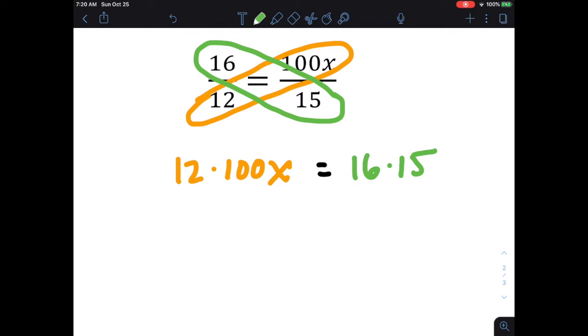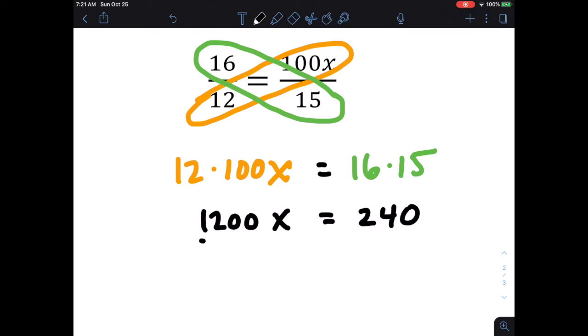Okay, so again, we probably ought to use a calculator. 12 times 100, we should be able to do that one. So we just do 12 times 1 and add those 2 zeros. So it's 1200x equals, well, 16 times 15 is a little bit more challenging. So some of you might be able to do it, but then if you can't, that's okay. So we have 240.